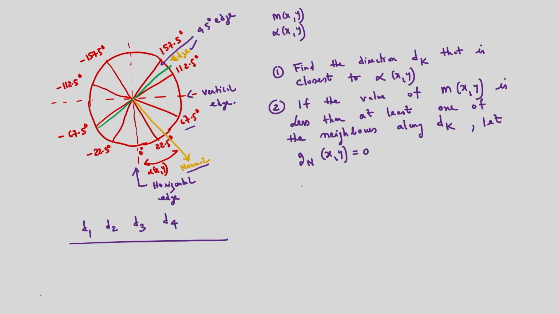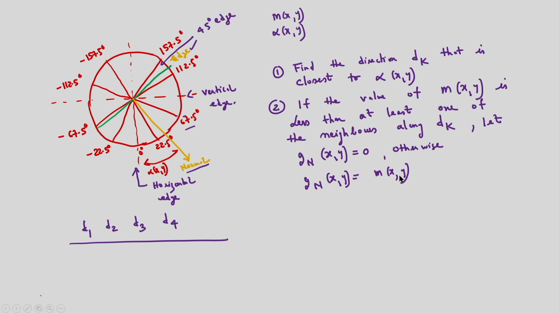Otherwise, I have to retain the pixel, that is Gn xy is equal to Mxy.